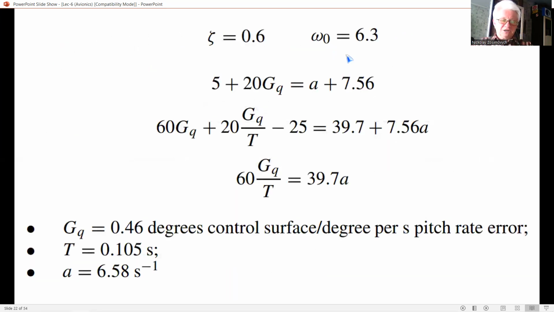Equating the coefficients of s squared, s, and the constant term, and substituting zeta as 0.6 and omega naught as 6.3, yields the next three equations here.